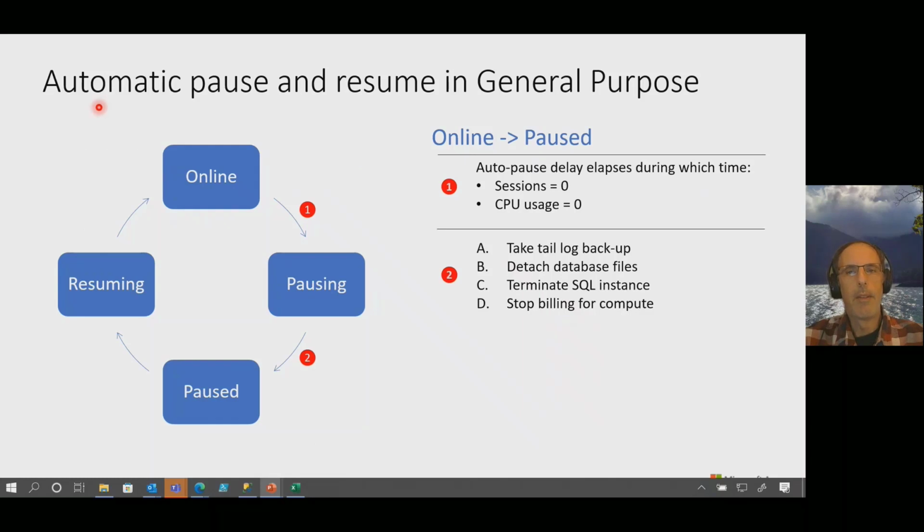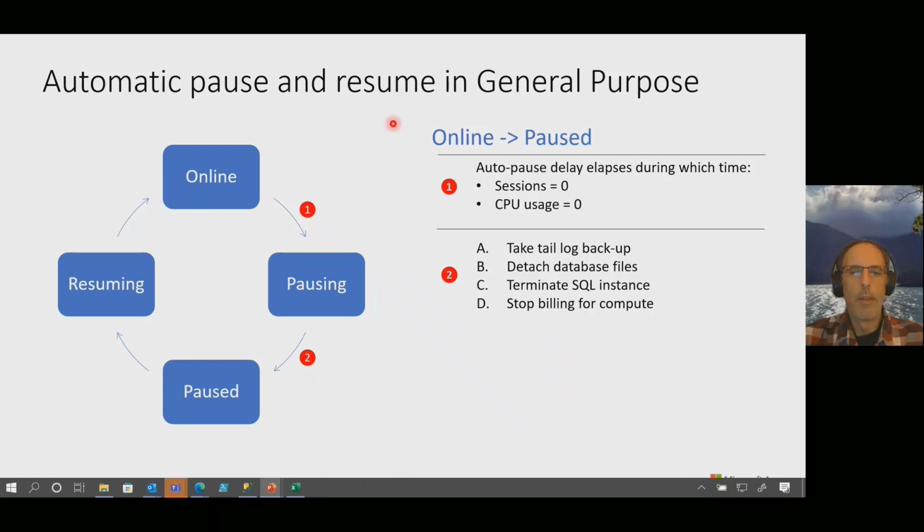So pausing and resuming, how does this work, let's say in the general purpose tier? Serverless is constantly analyzing all kinds of different usage history. If the number of sessions and the CPU usage for the database are 0 over a length of time that was provided by the auto pause delay, which is a parameter that's configurable by the customer, then the service will take the liberty to pause the database.